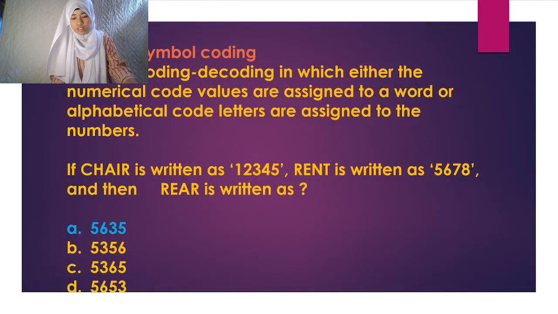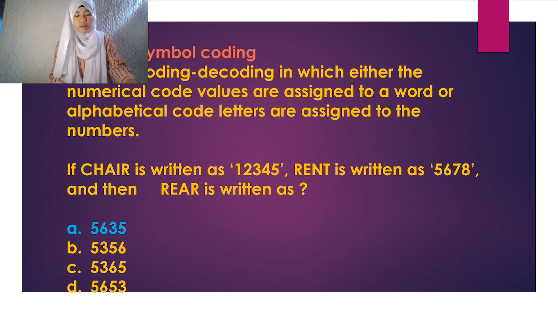In the second type of coding-decoding, we have number or symbol coding. What is the definition of number or symbol coding? Number coding-decoding is one in which either numerical code values are assigned to a word, or alphabetical code letters are assigned to numbers.